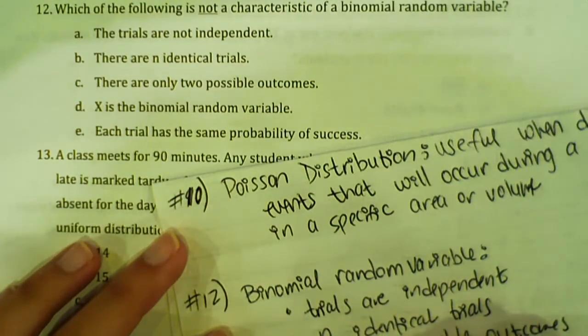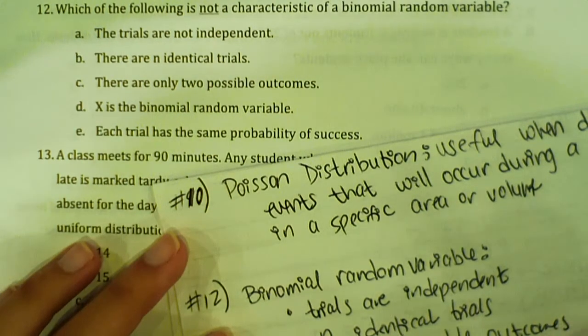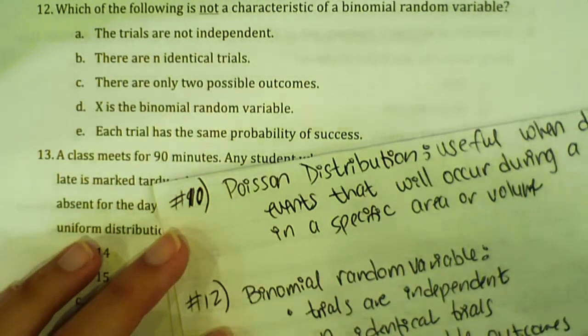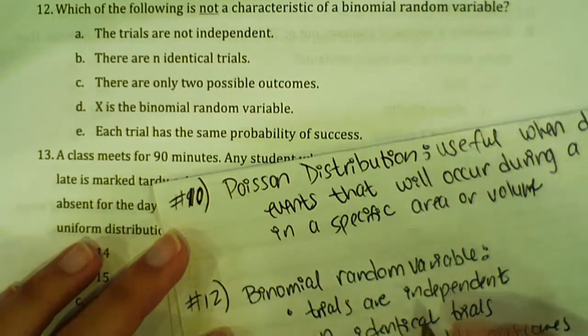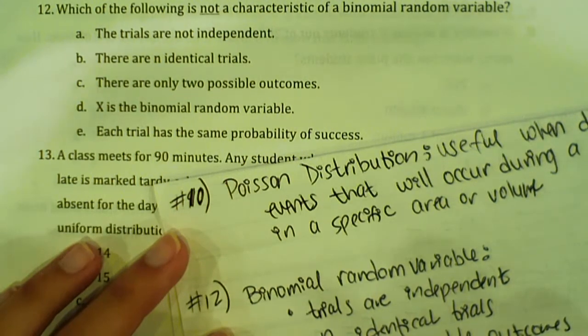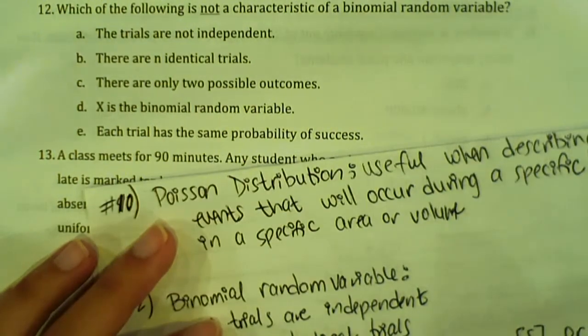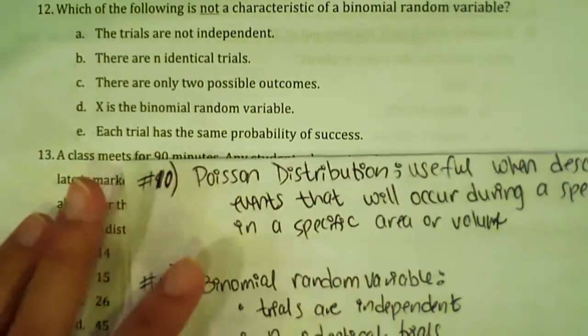So X is binomial, and each trial would have the same probability of success. Or let's say the probability of S is the same for each trial. Okay.